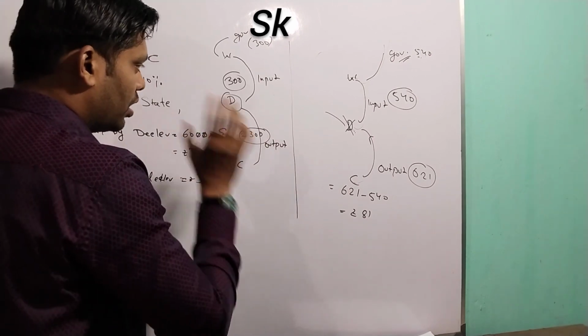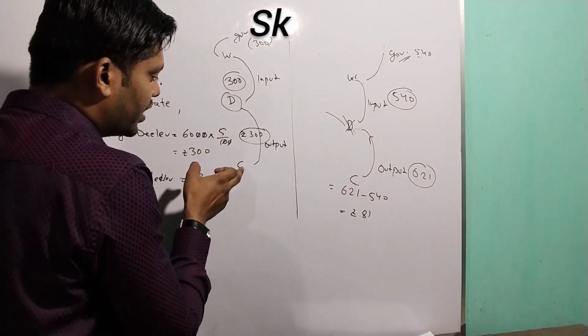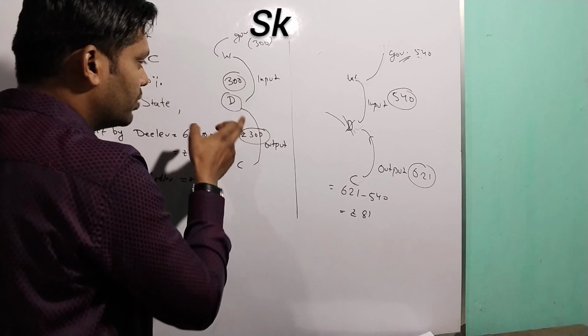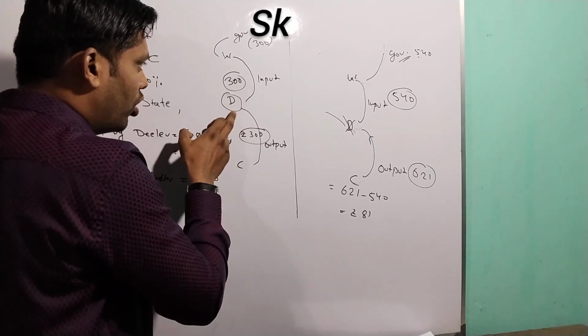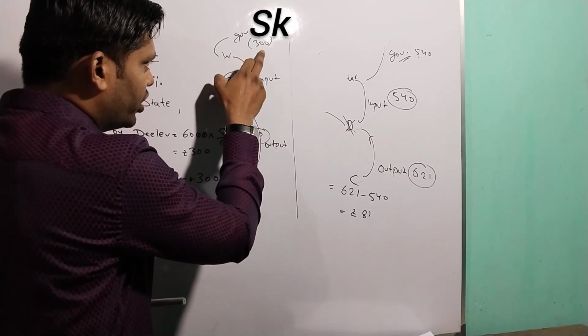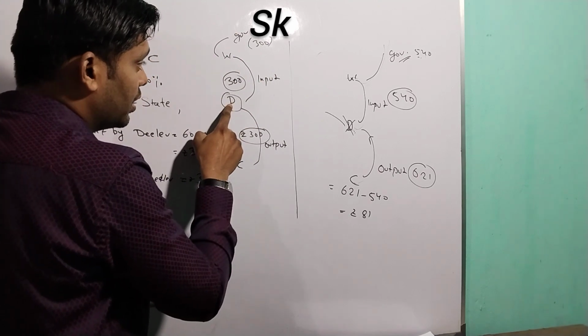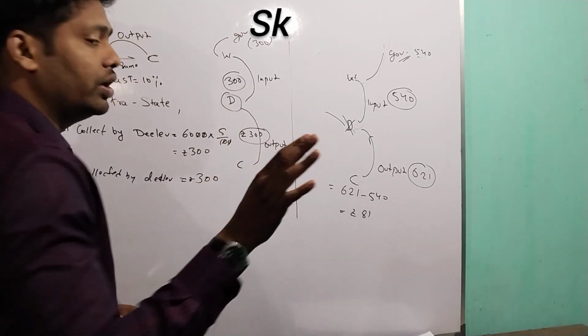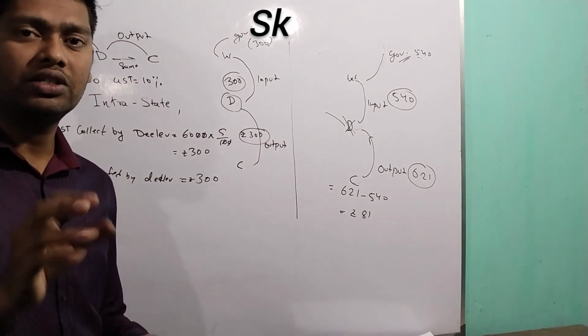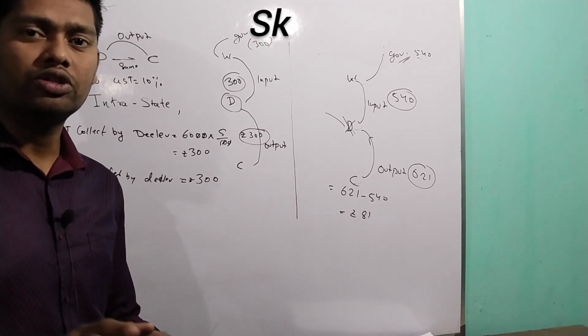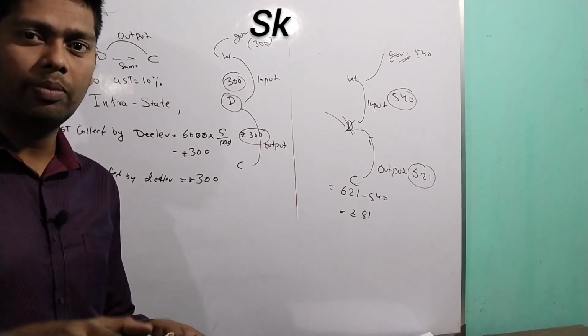He is only getting 300, the same thing from the consumer, 300 only. So the government already has how much? 300. Who has paid? The dealer. Again he will pay 300? No need, because he has already paid 300. Moreover, he is not having any profit or any loss on the product being sold.